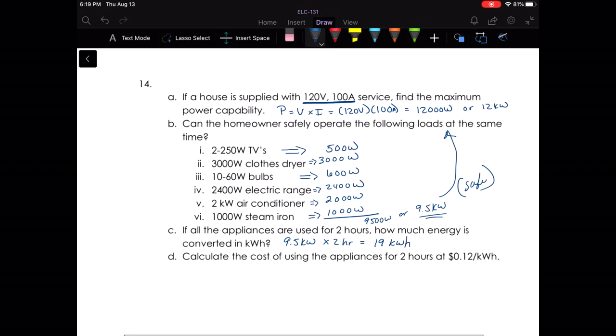And again, the cost of using those appliances, if we have a cost of 12 cents per kilowatt hour, means it's going to cost us about $2.28 for that 2 hours if we have all of this on. So you might want to start thinking about turning some things off from time to time.